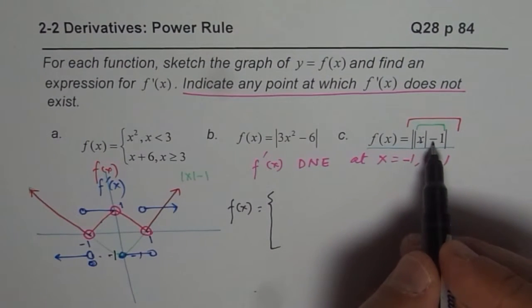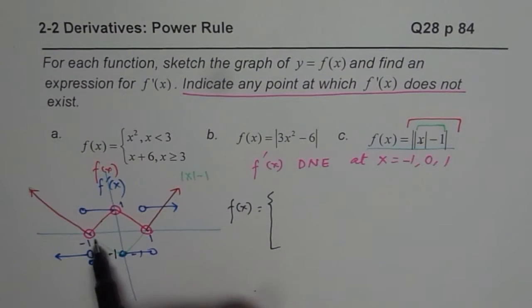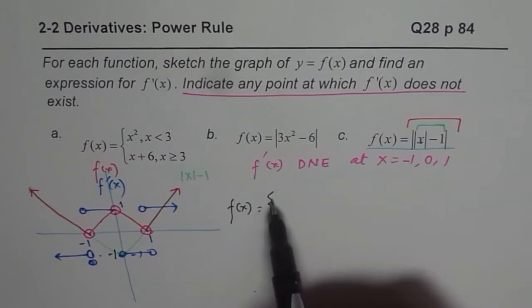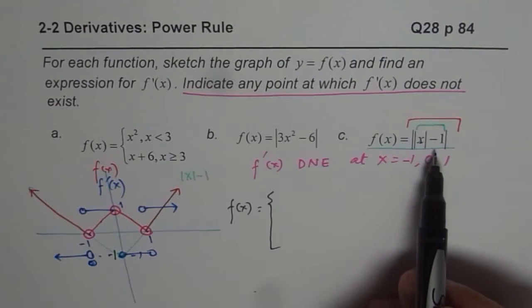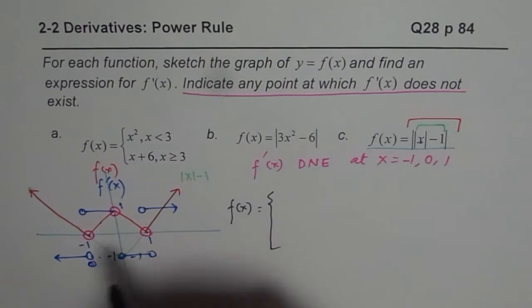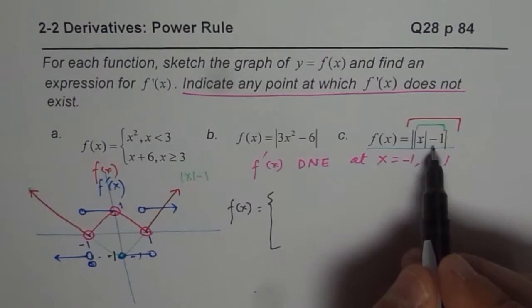So basically this function gets split into 4 different functions. So it is x minus 1, or it is minus of x plus 1, or it is plus x plus 1. Those are the different equations which you get from this function.